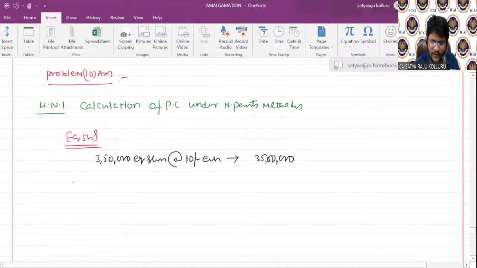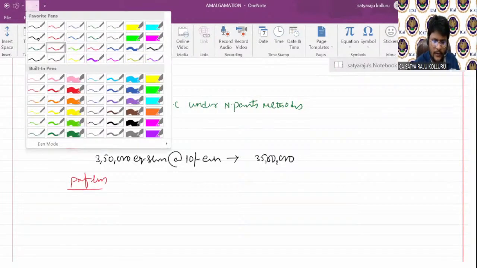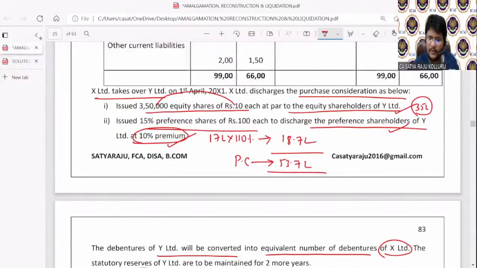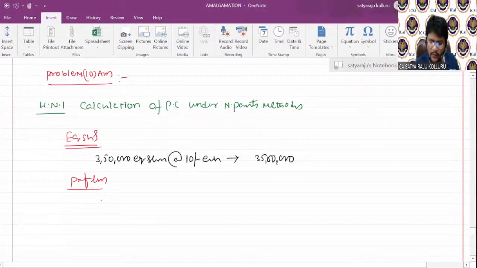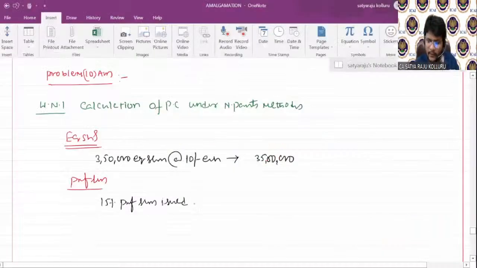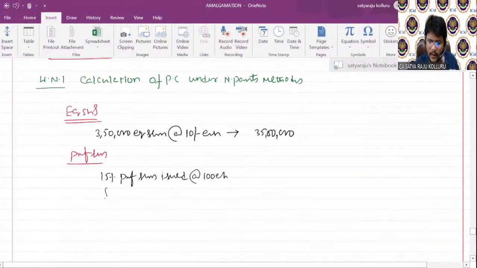Come to preference shareholders. We are discharging the preference shareholders with a premium. The 15% preference shares were issued at the rate of 100 each and discharged with a 10% premium.